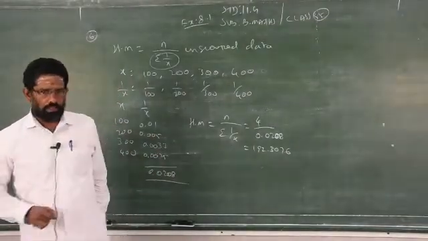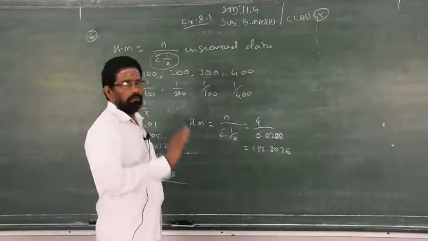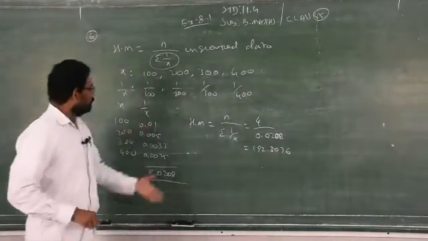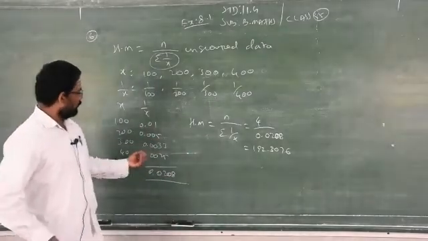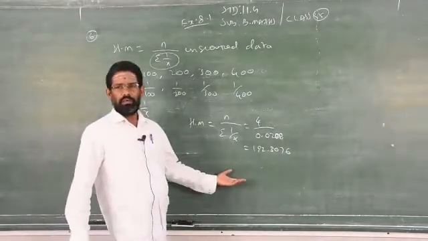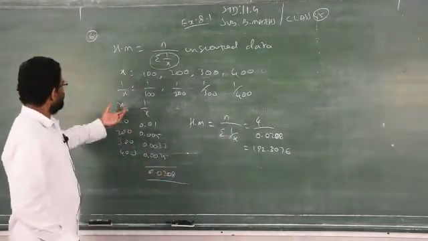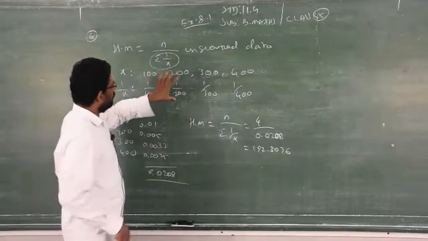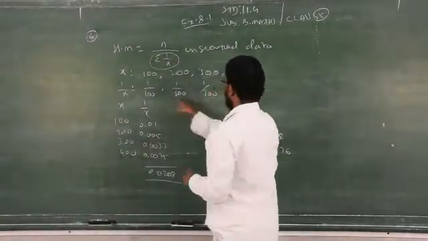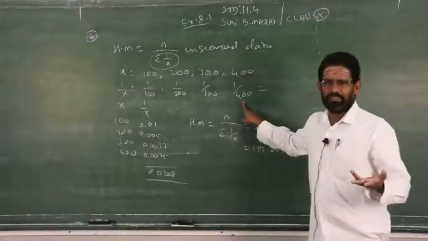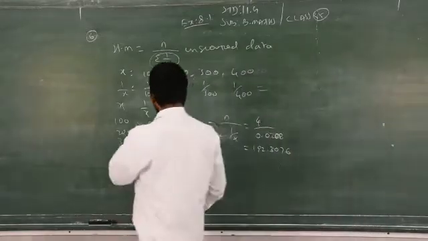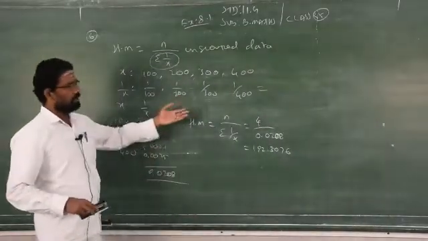Here I did not use cell, but to explain how to find out answer for harmonic mean, I can use the calculator. Clear? You understand? So you have to open the column, or you can simplify this by taking LCM also, but that is waste of time because you are allowed to use calculator. So don't use that LCM method.